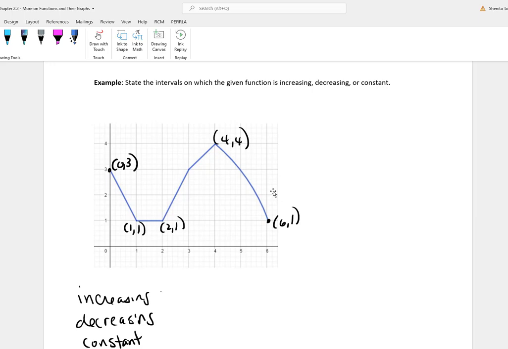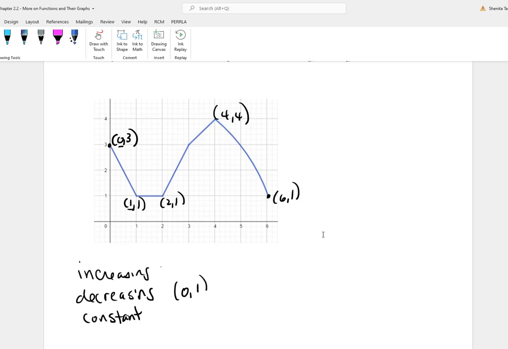So let's look at this graph from left to right. It looks like from the first point, 0, down to 1, it is decreasing. Look at the x value. So from 0 to 1, it is decreasing. Then it goes over from this point to this point, and you have a horizontal line. So that's constant. It's constant from 1 to 2.